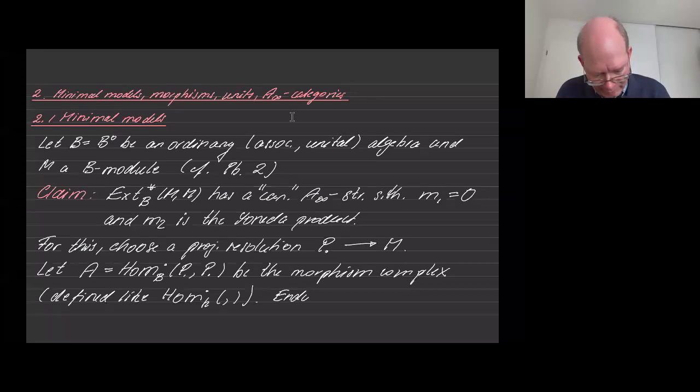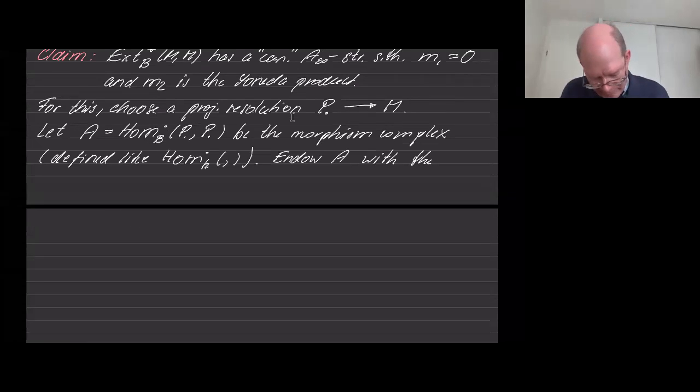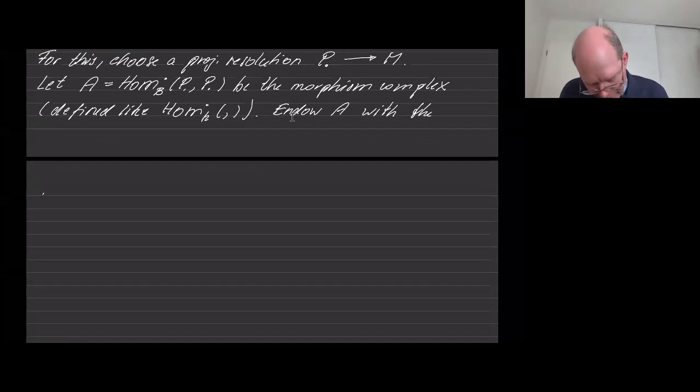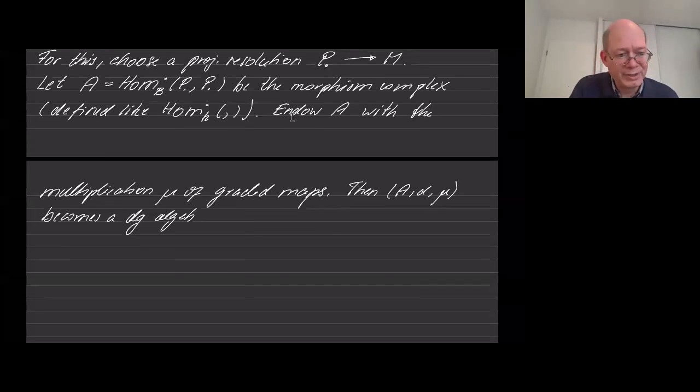Then A together with the differential and with this multiplication becomes a DG algebra, hence an A-infinity algebra where all mn's for n greater or equal to 3 vanish.